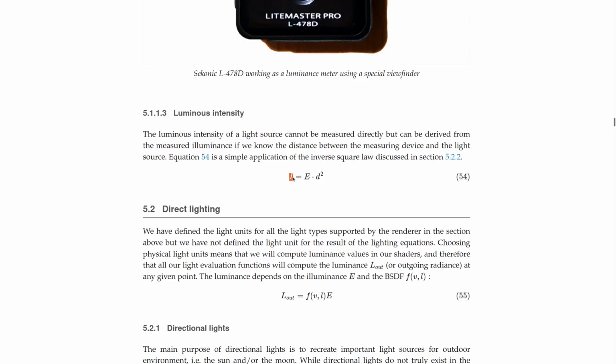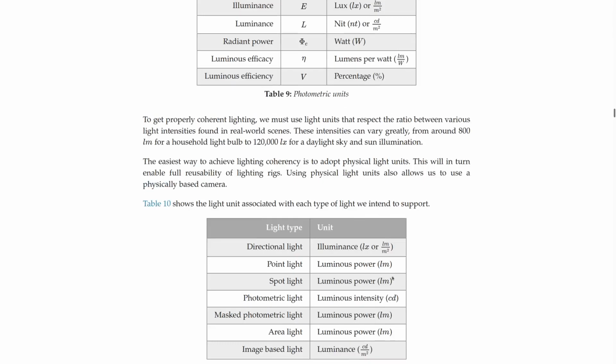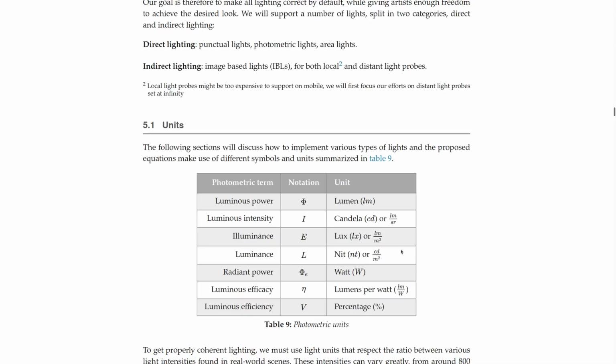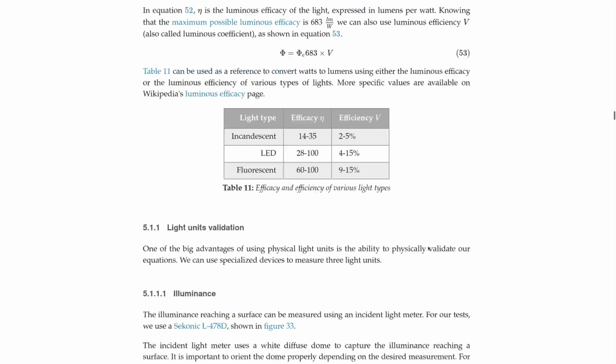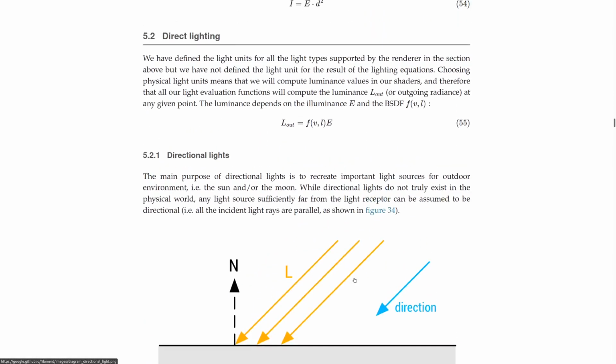Because this is a per angle term here, it's per solid angle, steradian. So I guess that works out.